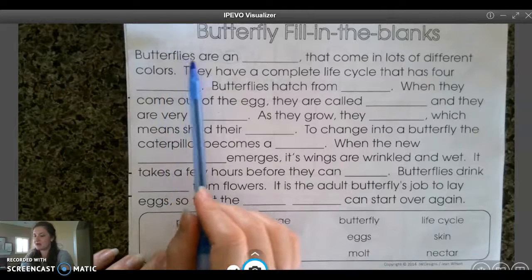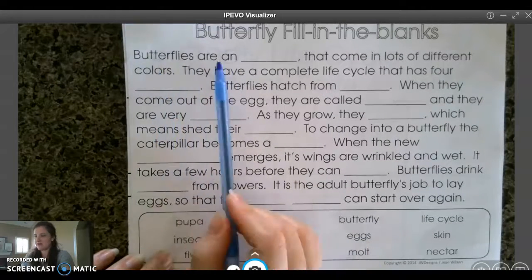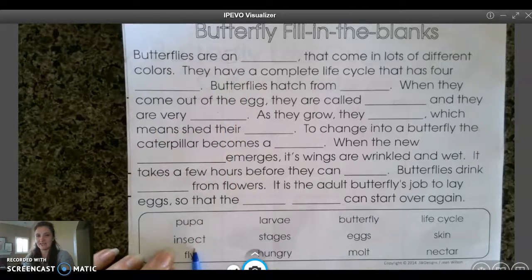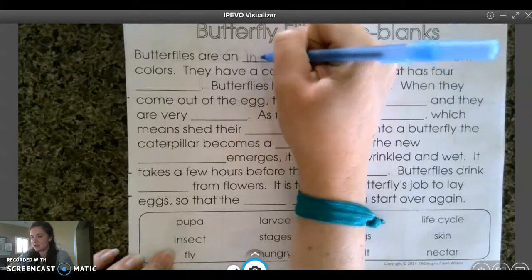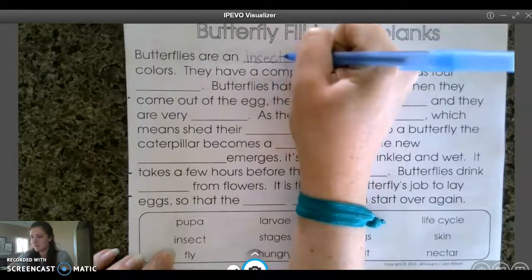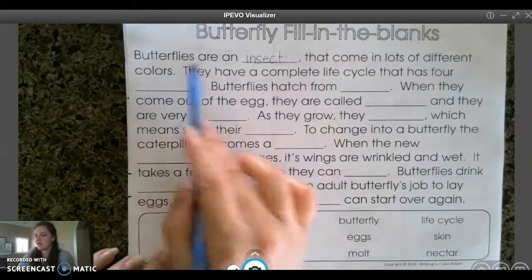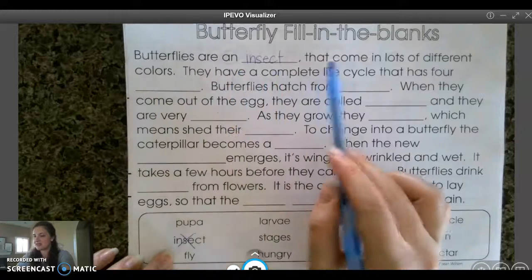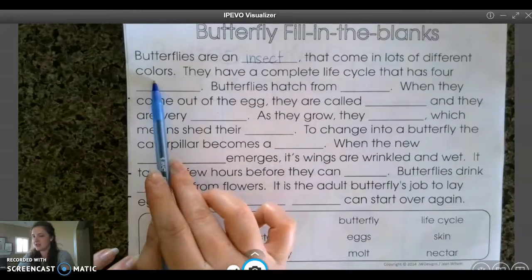Are butterflies an eggs? Does that make sense? Butterflies are an insect. It's insect. So let's write that in here. And we can cross it off when we've used it. Butterflies are an insect that come in lots of different colors.